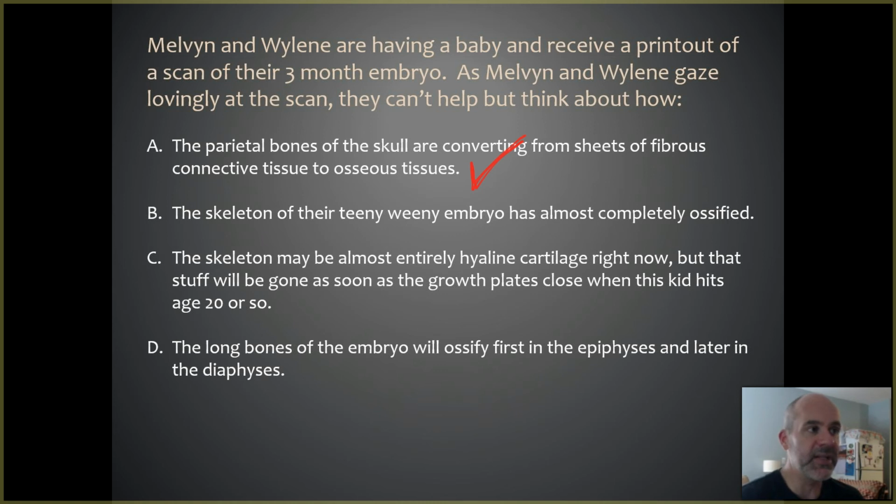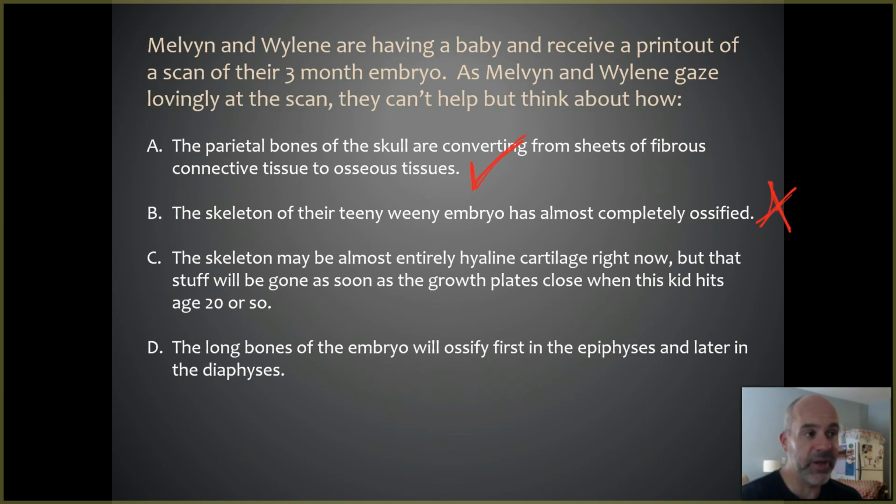The skeleton of their teeny-weeny embryo has almost completely ossified. No, ossification takes quite a bit longer to take place. C, the skeleton may be almost entirely hyaline cartilage right now, but that stuff will be gone as soon as the growth plates close when this kid hits age 20 or so.